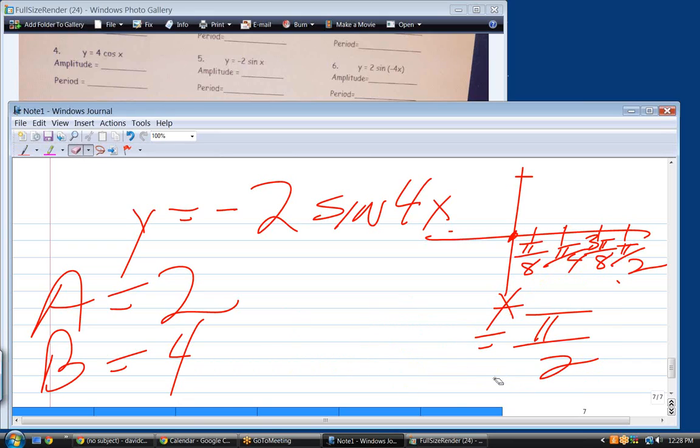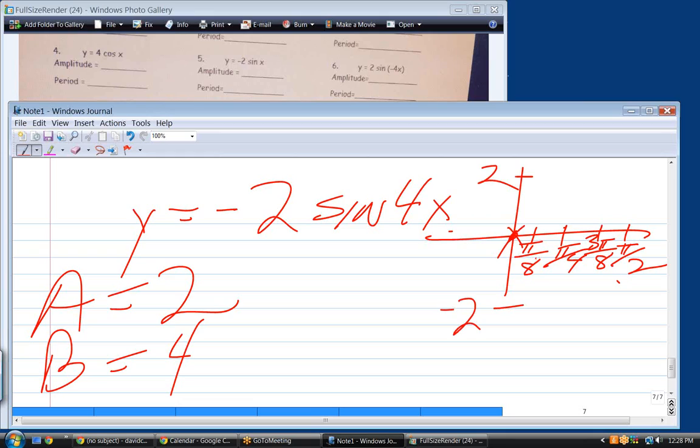Okay. Second quarter point is where? No, okay, I made a mistake here. I drew the quarter point for cosine. This is sine. Where's the first quarter point go? At 0. Thank you for correcting my error.